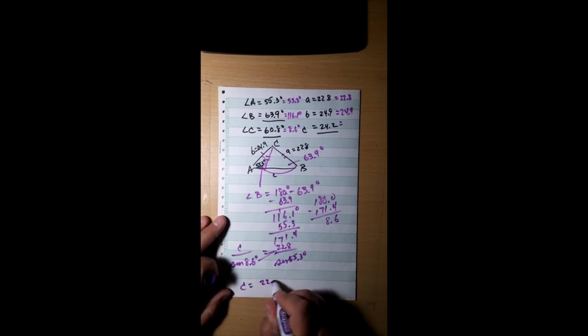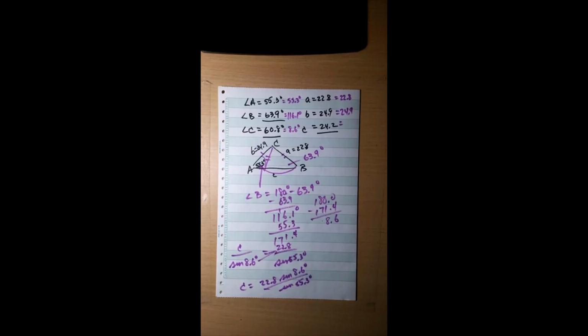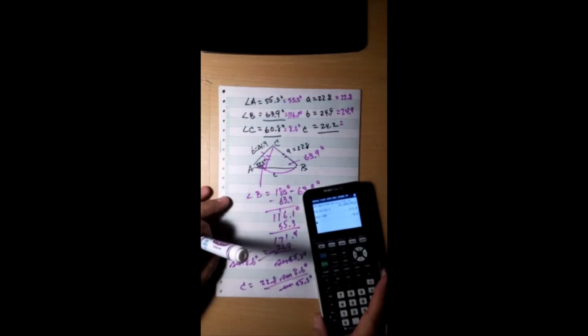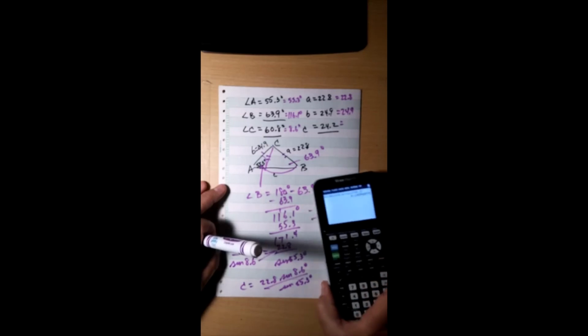C is equal to 22.8 times the sine of 8.6 divided by the sine of 55.3. Let's see what our calculator says for that one. It gives us 4.14, I guess 4.1.